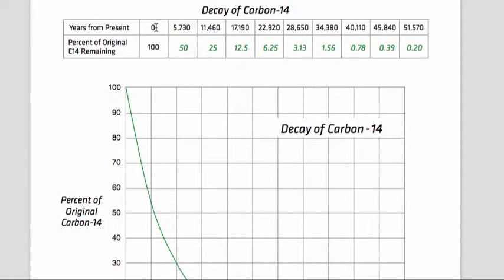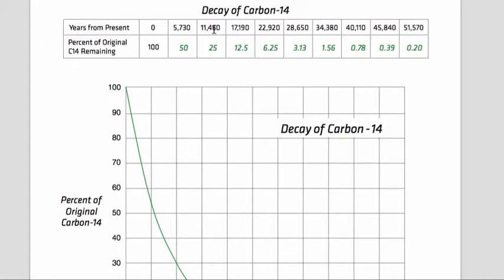So a half-life is essentially how long it takes for half of a sample to decay. So let's say you start with 100% of carbon-14, which is what things have when they die. If you were to come visit that remnant, the fossil, 5,730 years later, it would only have 50% left of its original carbon-14.